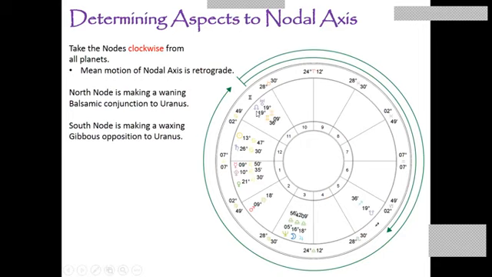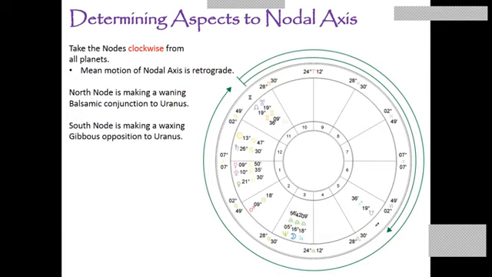When we look at the north node in Uranus, we start with Uranus and we move all the way around the circle to the north node, and it is making the balsamic conjunction to Uranus. If the north node was 19 degrees, it'd be exact to Uranus. If the north node was 18 degrees Gemini, it'd be a new phase conjunction.